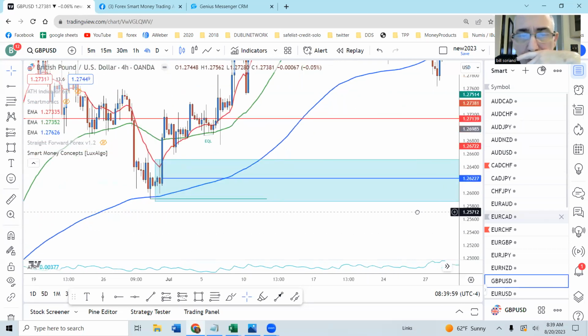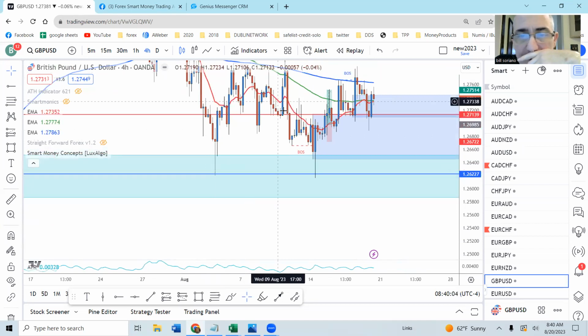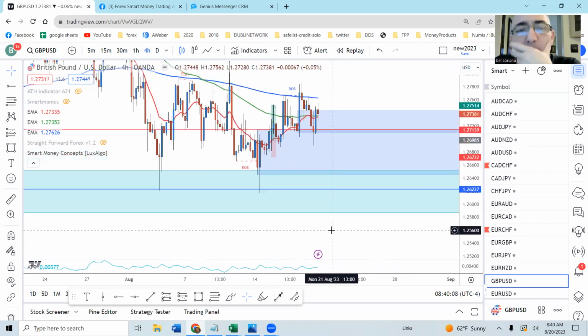So it looks like it already reacted once, it already reacted twice, so I'm not sure why we're still looking to trade from it. But we'll have to see what happens here during the week as that goes off.